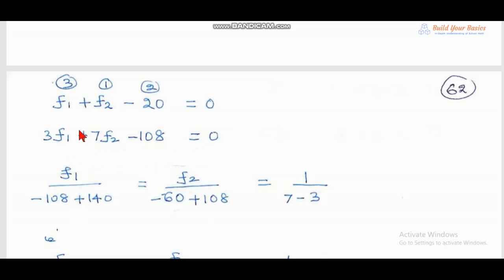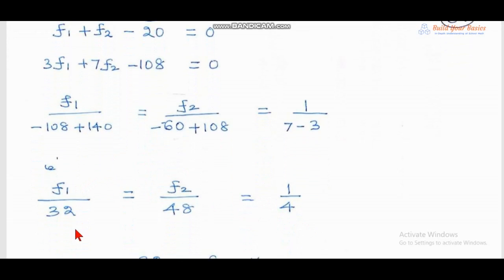So f1 by, we have to hide f1. We have to start with 1. 1 into minus 108, minus 108 as it is. 7 into minus 20, that is minus 140, to be written as plus 140, equal to f2 divided by, hide f2, start with 2, minus 20 into 3, minus 60, write as it is. 1 into minus 108, minus 108, to be written as plus 108, equal to 1 by, hide the number, start with 3, 1 into 7, 7 as it is, 1 into 3, 3, minus 3, that is f1 by 32 equal to f2 divided by 48 equal to 1 by 4.